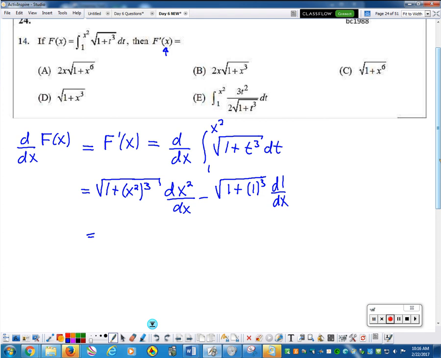Heidi, please. dx squared over dx, they cancel out, so it's just x. Let me correct you. It's the derivative of x squared. And what's the derivative of x? 2x. So this becomes 2x.